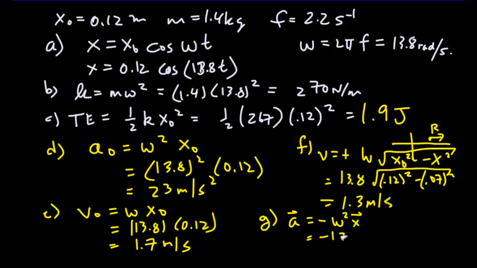So we'll get negative 13.8 all squared times the displacement 0.07, positive because it's to the right, and that gives a value of negative 13.3 meters per second squared. Of course, that's to the left. That's what that negative sign means. It's stretched to the right, so of course it gets pushed to the left.